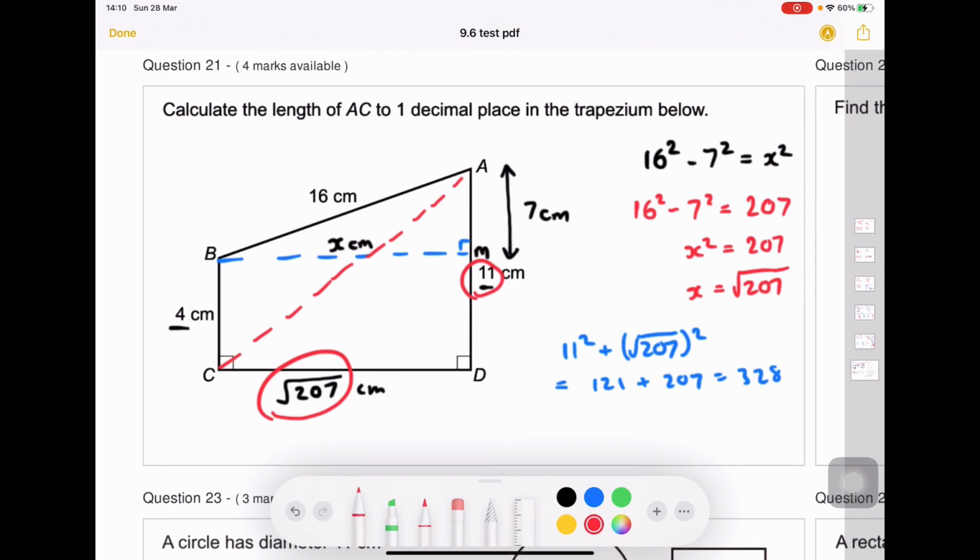So the length AC is the square root of 328. By typing it into a calculator, we can work out the value to one decimal place, which is 18.1 centimeters.